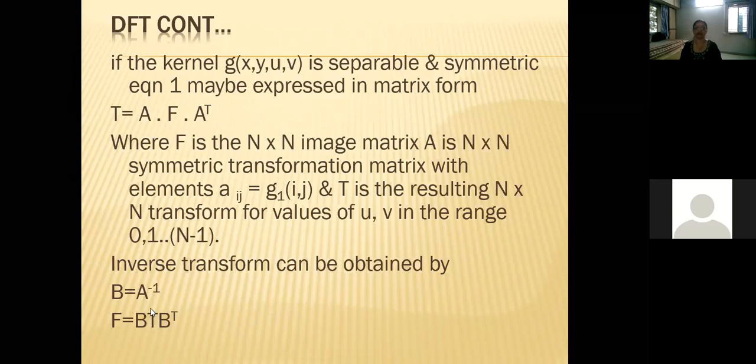Here T is the Fourier transform of image F and B is the inverse of A. This B you can directly construct by using the e raised to plus j theta term, that is e raised to j 2 pi ux by n. So B is nothing but the inverse of your forward transformation matrix.